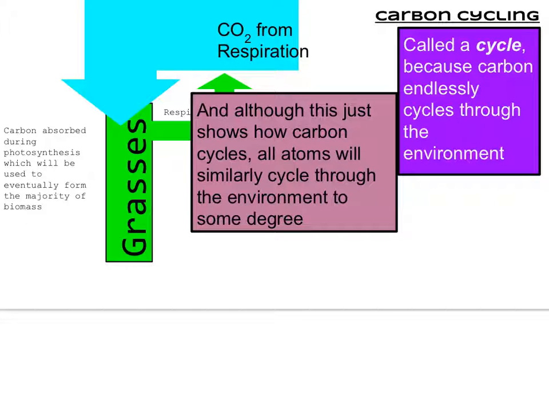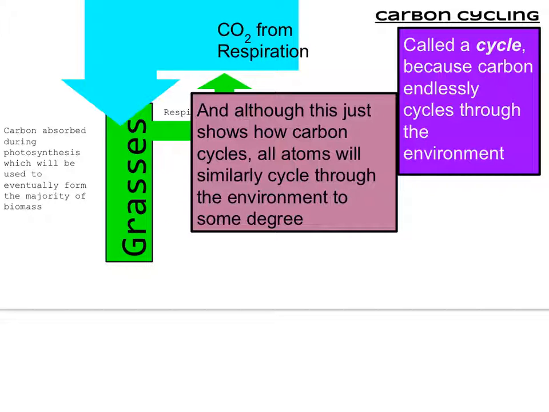And although I'm just going to be talking about how carbon cycles, it's important to realize that all matter cycles through an environment to some degree. Now, carbon is a little more mobile than other elements on the periodic table in the ecosystems on planet Earth.